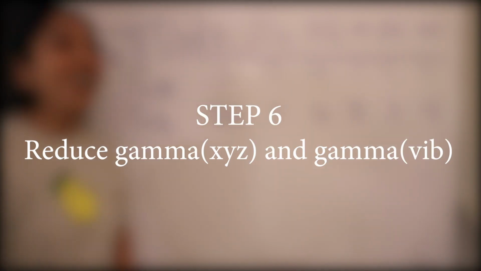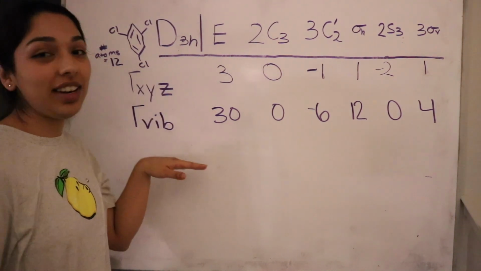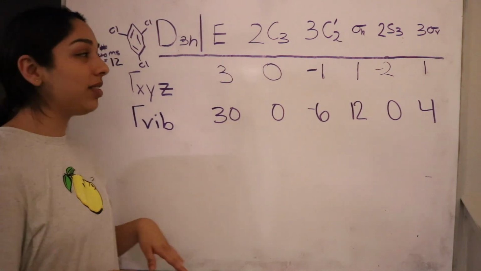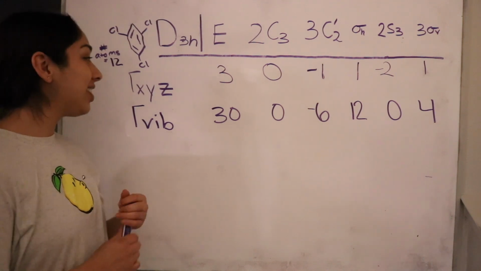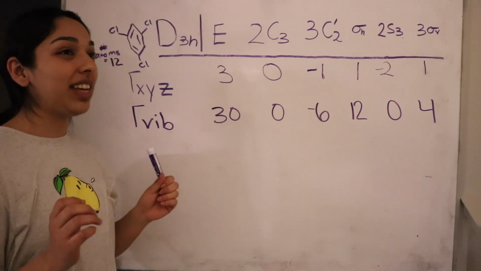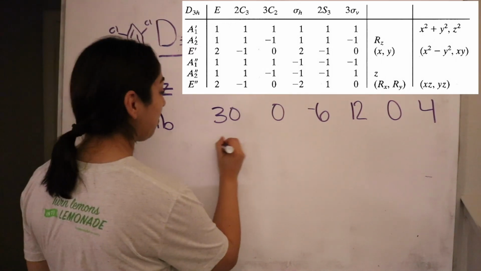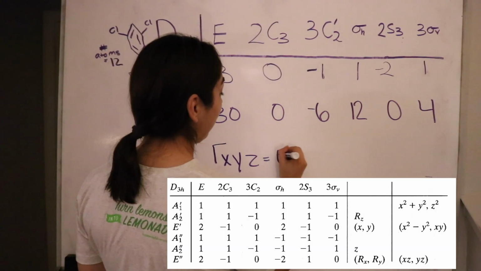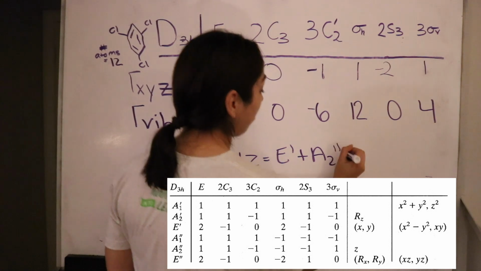Alright, so now that we have the 2 key gammas that we're going to need to determine whether or not we have some IR active modes, we can now reduce. Referring back to our character table, we can see that gamma XYZ by inspection is equal to E prime plus A2 double prime.